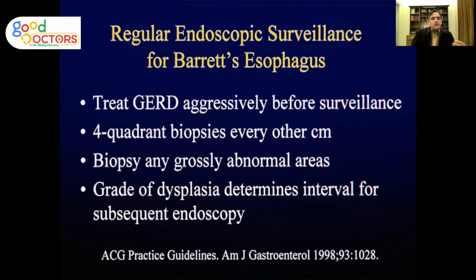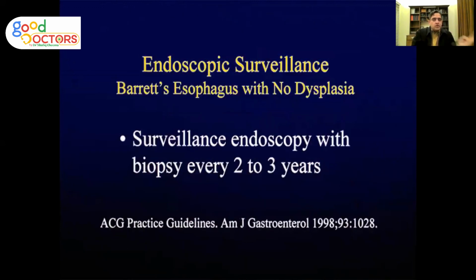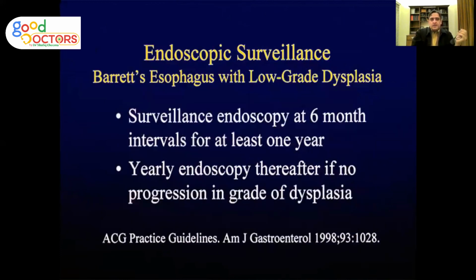How frequently I should perform an endoscopy depends on the degree of dysplasia in that particular Barrett's metaplasia. If there is no dysplasia, I need to repeat endoscopy every 2 to 3 years in a patient with Barrett's metaplasia. If there is low-grade dysplasia, this interval of surveillance endoscopy needs to be reduced to 3 to 6 months.